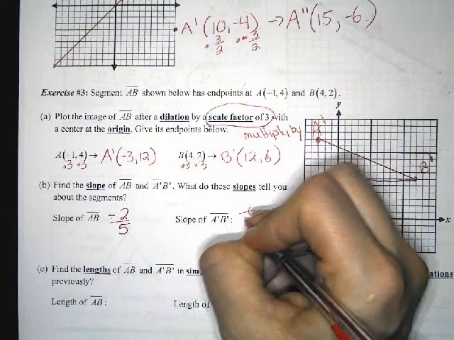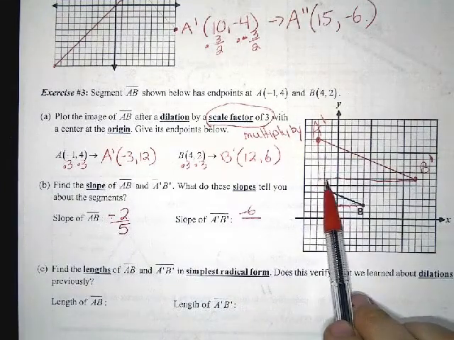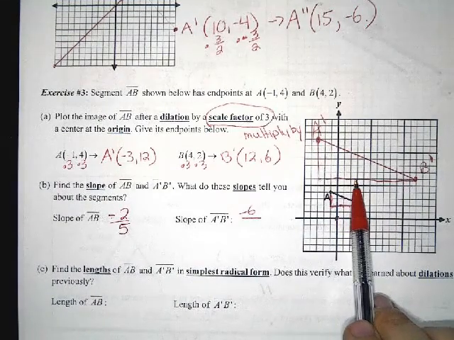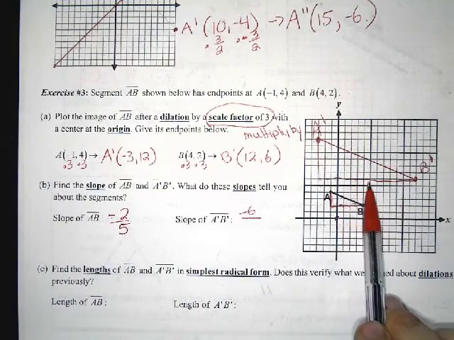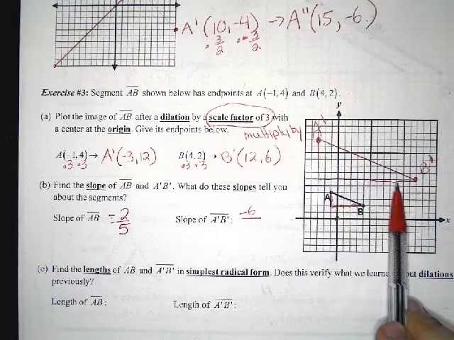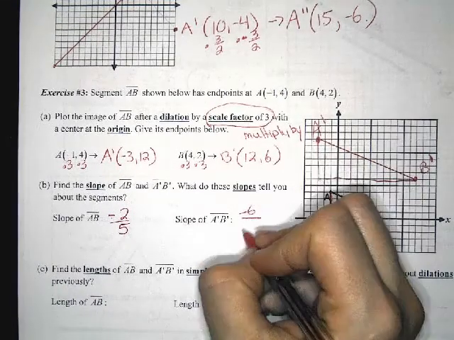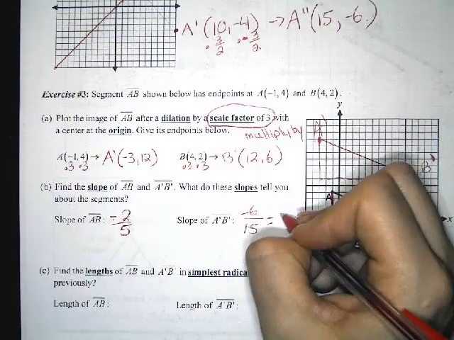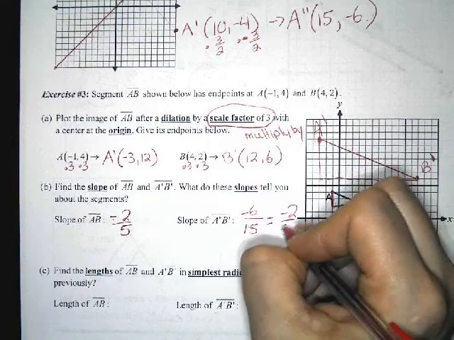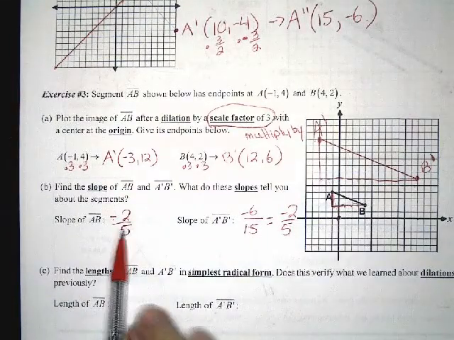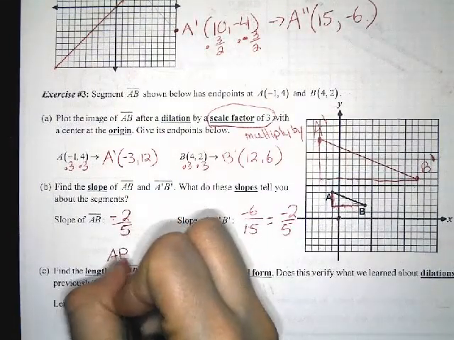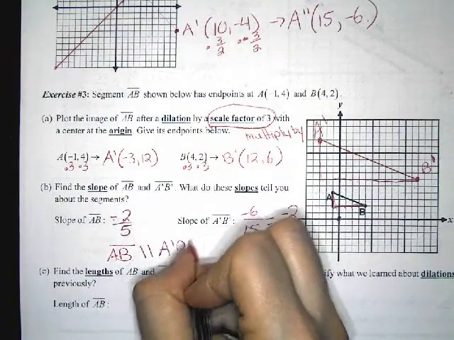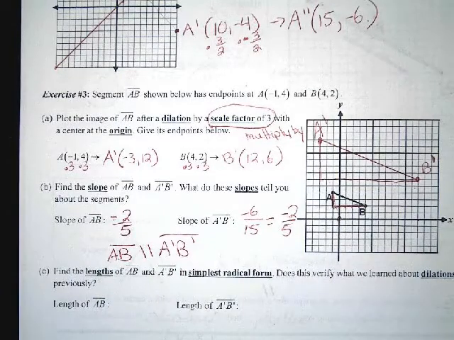Down 6 and right 3, 6, 7, 8, 9, 10, 11, 12, 13, 14, 15. But if you notice, this slope will reduce to the slope of AB. Why? Because AB should be parallel to A prime B prime after a dilation.